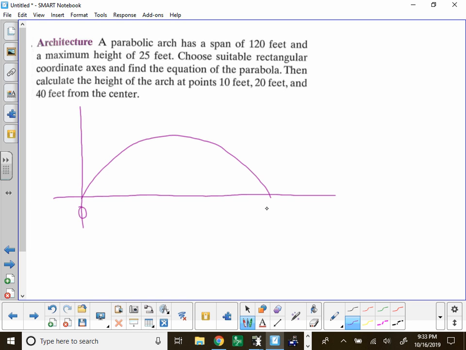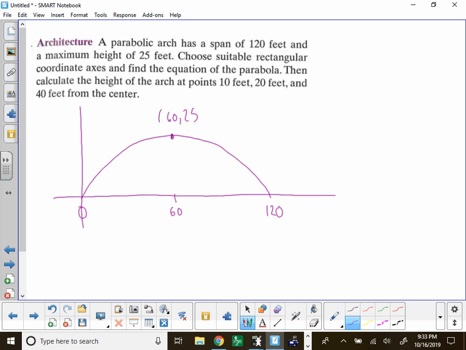This would be 120 feet. And it has a height of 25 feet. And that would be in the center because it's a parabola. So this would be 60. And this would be 60, comma, 25.